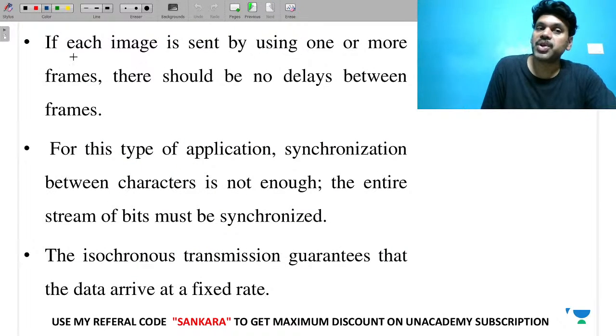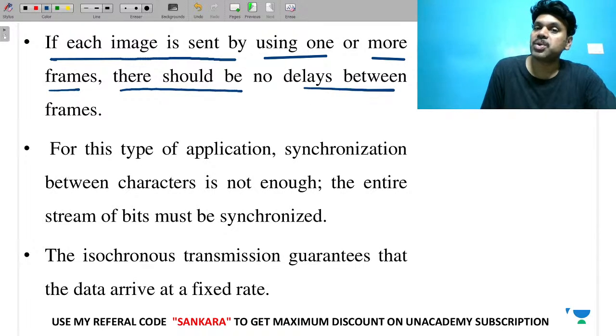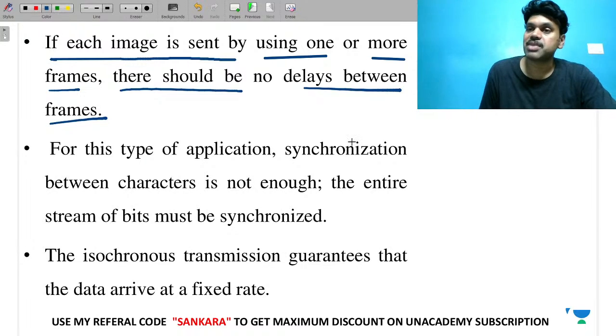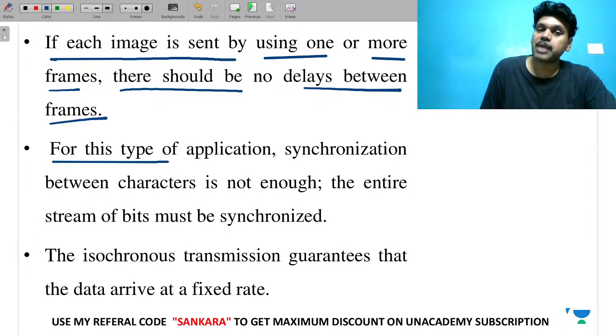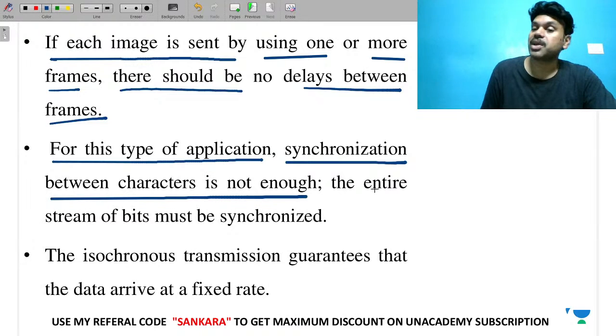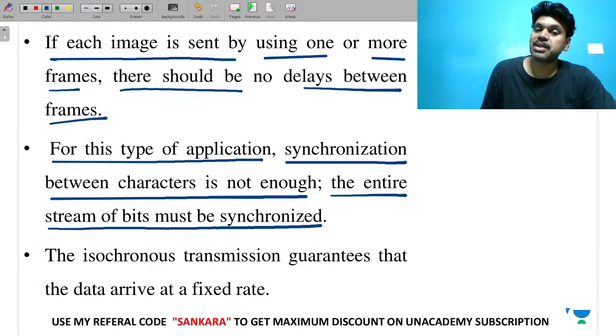Here, each image is sent using one or more frames, and there should be no delays between frames. All frames must arrive at the same time so that we feel the complete object is appearing. For this type of application, synchronization between characters is not enough. The entire stream of bits must be synchronized.